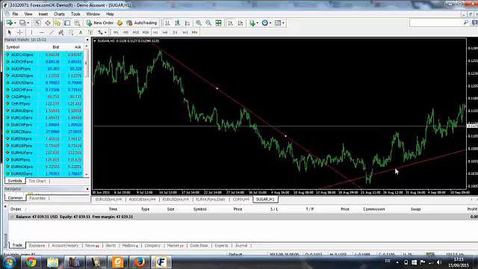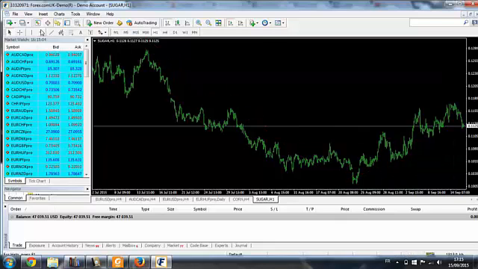I don't know why. Okay, we create new ones. So this is the new uptrend. We have it like that. The new uptrend must touch the price for at least 2 times. This is the downtrend.